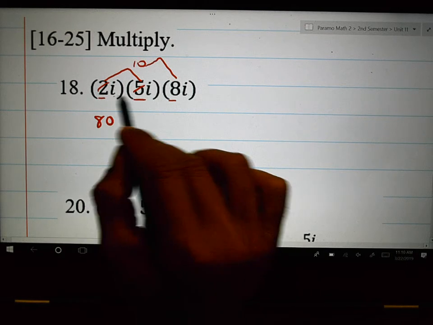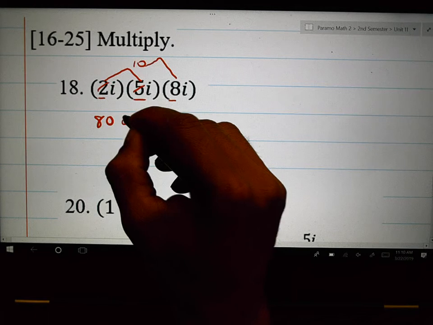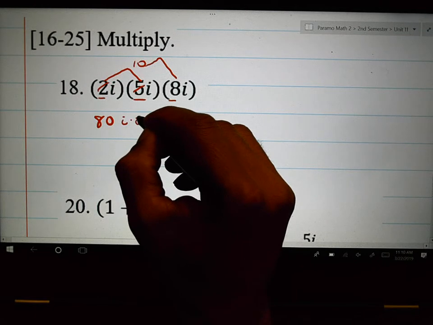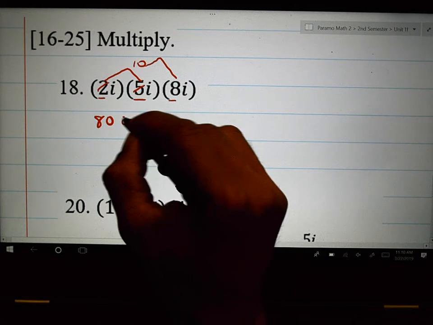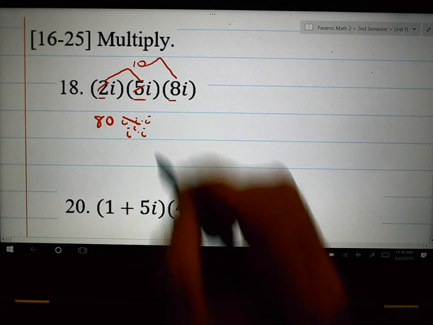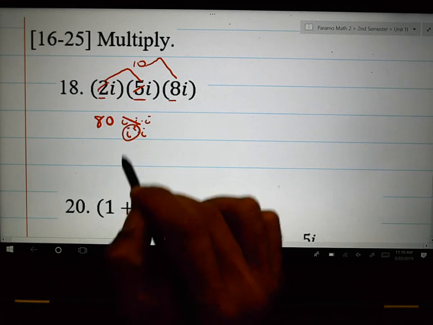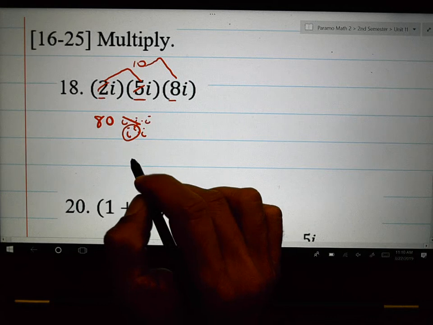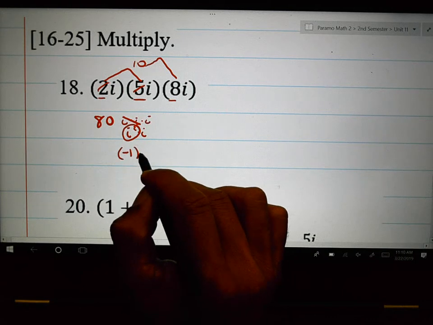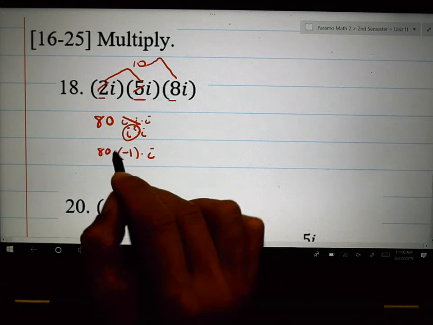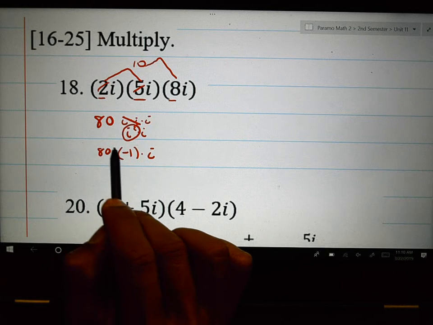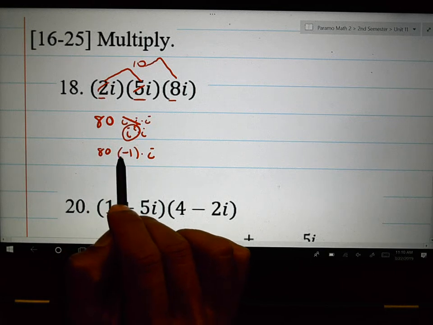You have 3 i's multiplying, which is i times i, which is the same thing as i squared times i. We've already talked about that. What is i squared? Doesn't that simplify? i squared is -1. So we have to take that 80 and multiply it by negative 1, multiply it by i.